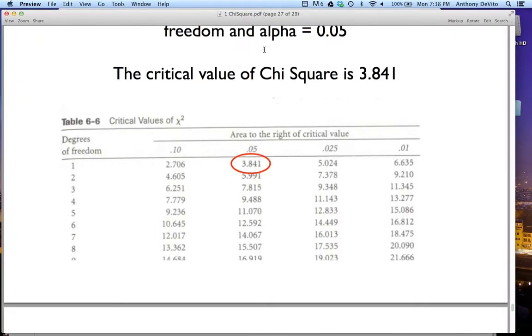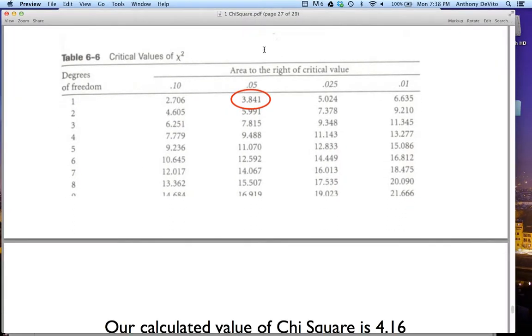Okay, here's what our chi-square value table looks like. In our case, we're talking about 1 degree of freedom, so we're dealing with this top row. The area to the right of the critical value that we're willing to accept is 5%. If we want to be more certain that we can reject the null hypothesis, with less chance of being wrong, we might say we want our alpha to be 1%, and we would go over to this column for our critical chi-square value.